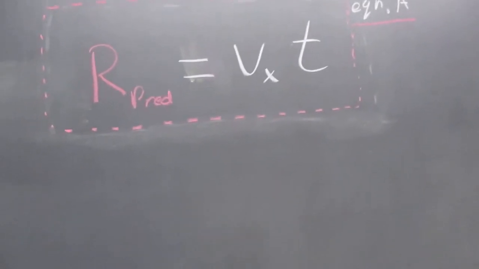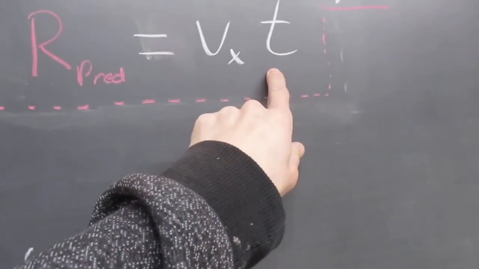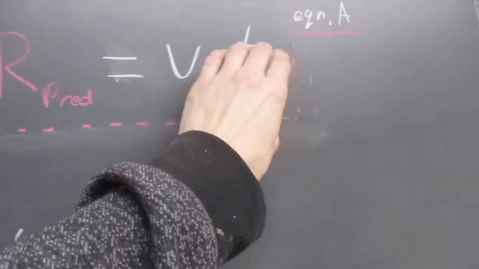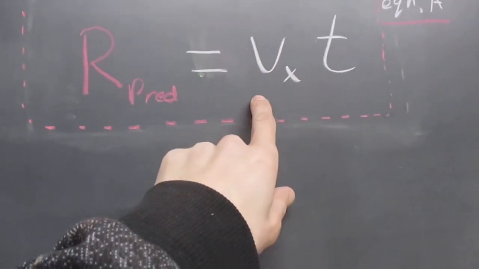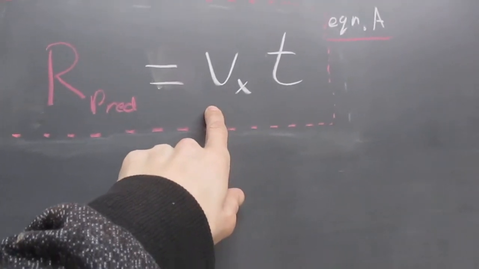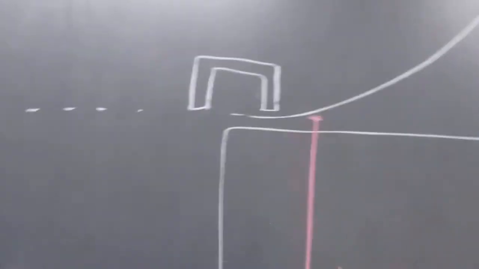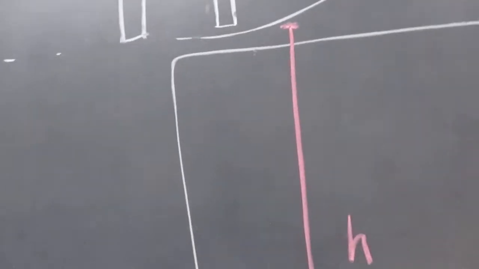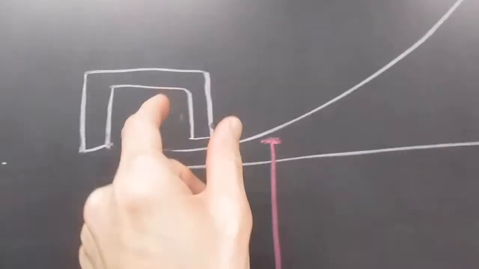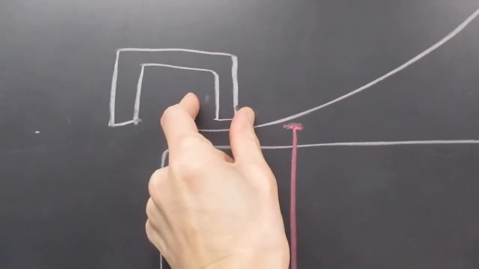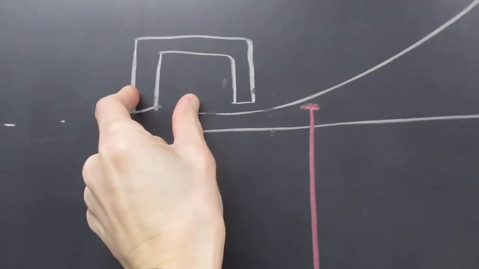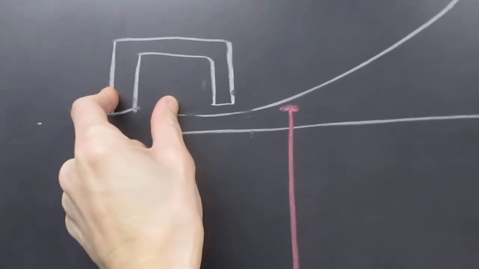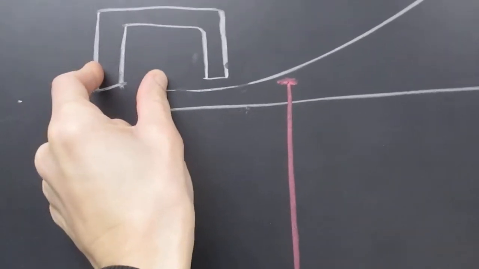Okay, so we don't know what this time is, so we need another equation to figure this out. Our horizontal velocity we can figure out using a photo gate. So we have a photo gate, and the ball is going to pass through the gate. Our computer can measure the time it takes the ball to enter the gate to the time it leaves the gate, which will be a pretty small time.